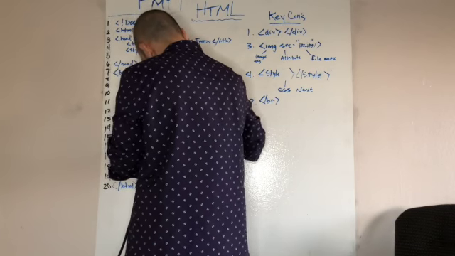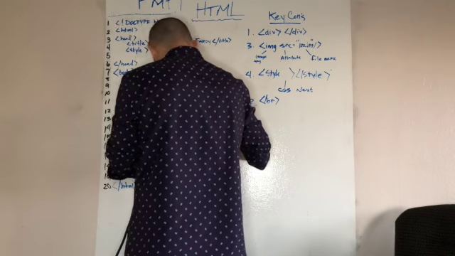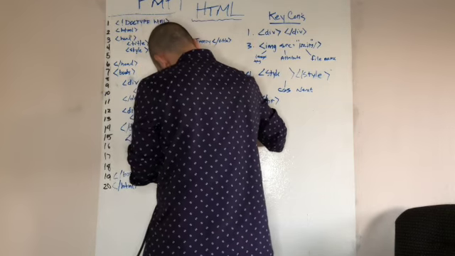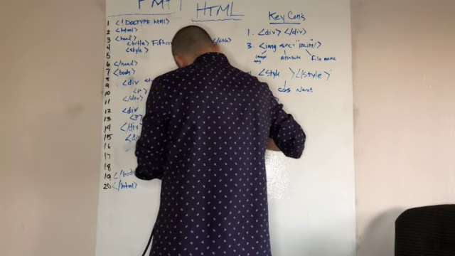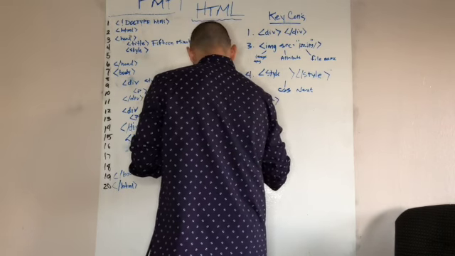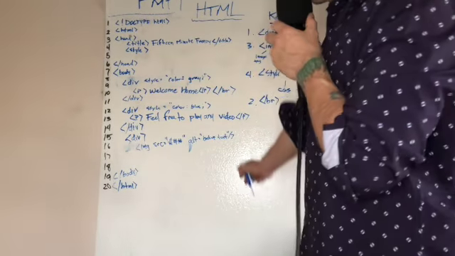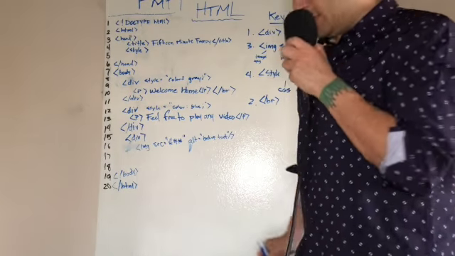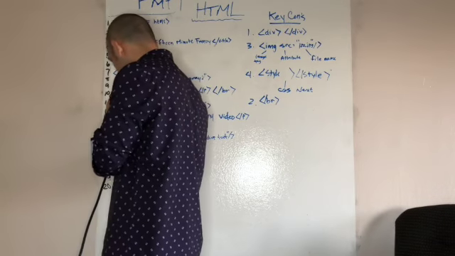And then alt equals quote backup text. So if you want to place an image on your web page, all you're gonna do is just add an image tag. Close the div.